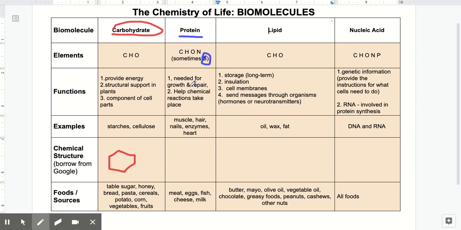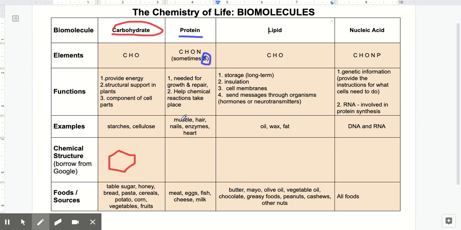In terms of function, this is a very diverse group. A lot of different functions: growth, structure, repair. They send messages in living things. They help speed up chemical reactions.